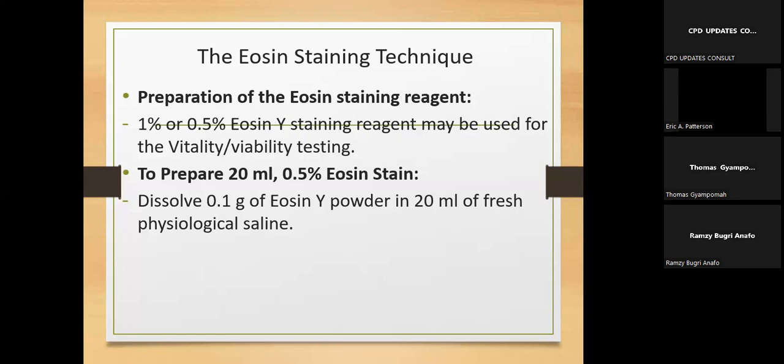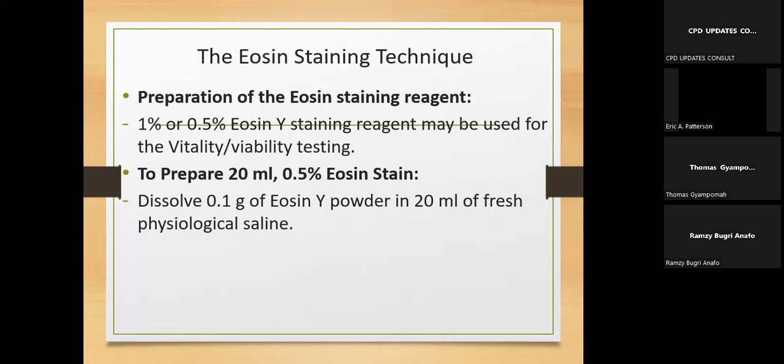Now, if you just want 20 mils, I want you to understand this particular point. 0.5 grams in 100 mils will give you 0.5%. So if I say just prepare 20 mils, instead of the 100 mils, you are going to get 20 mils.